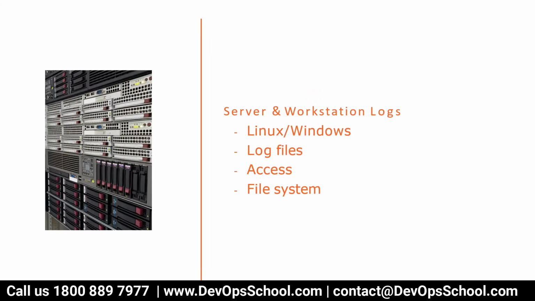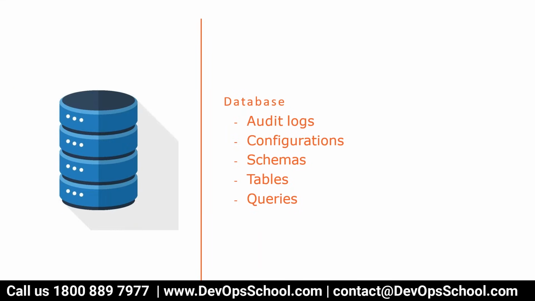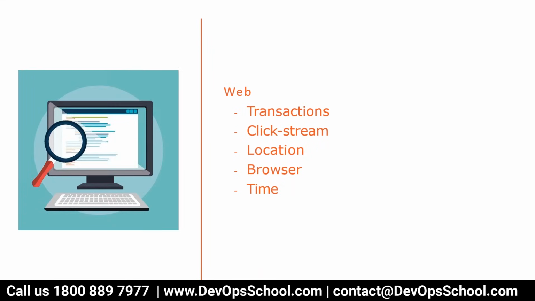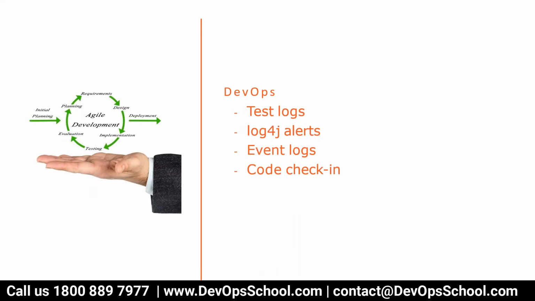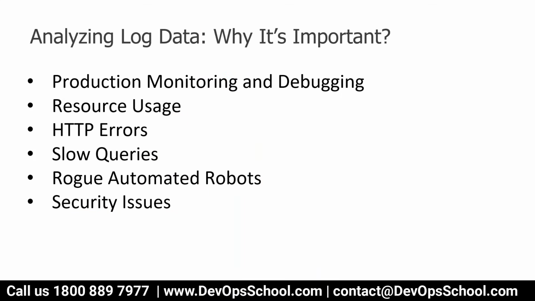Servers and workstations, you can have Linux logs, Windows logs, access logs, file system logs, network firewall logs, warning logs, alert logs, IP address logs, database audit logs, configuration logs, schema logs, table logs, query logs, web transaction logs, clickstream logs, location logs, browser logs, time logs, DevOps test logs, log4j alerts, event logs, code check-in logs, IoT devices, GPS, RFID, biometrics, and so on. So basically, logs are everywhere.